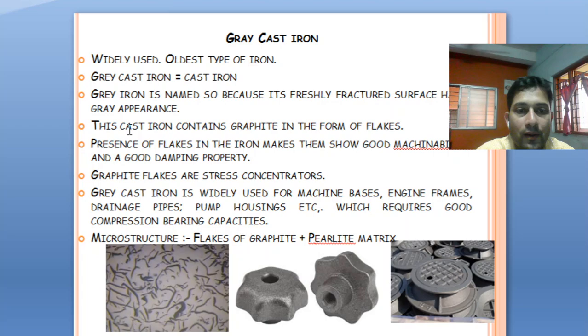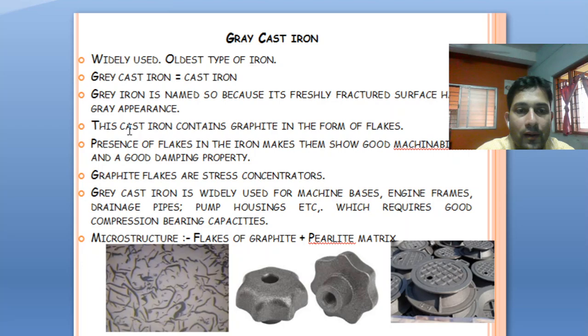Because of the presence of the carbon in the form of flakes, it shows a good amount of tensile properties. However, one disadvantage of the carbon being present as flakes is that these flakes act as stress concentrators in the metal, which means these are the points where the stress will get concentrated, and it will result in the fracture of the metal.